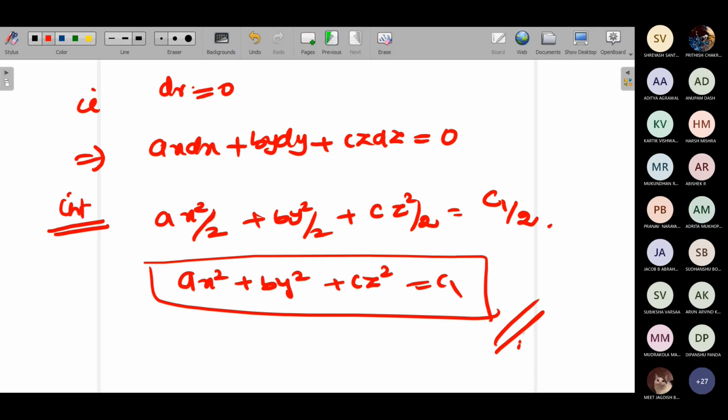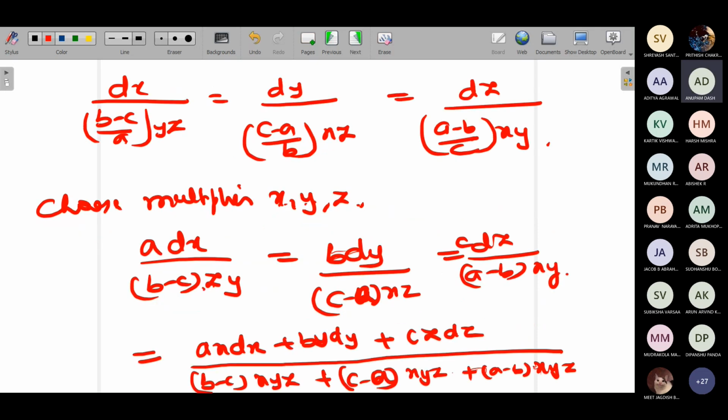Can anyone tell me one more multiplier for this problem? One multiplier I have taken is x, y, z. Now, sorry, ax, by and cz.